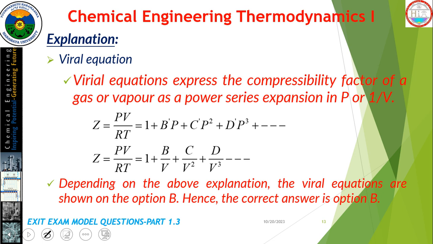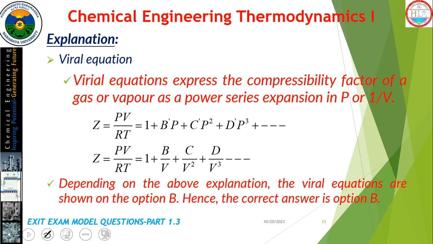The Virial equation expresses the compressibility factor, which is the ratio of the actual volume, or what we call the real gas, to the ideal gas. The Virial equation expresses the compressibility factor of a gas or a vapor as a power series expansion, either in pressure or in 1 over volume.